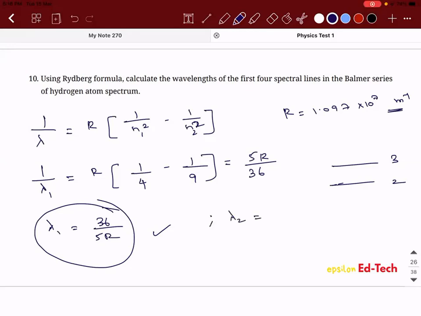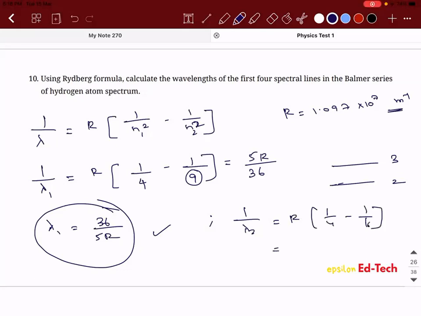Similarly, lambda 2, what will you get? For the second line, you will get 1 by 4 minus 1 by 16. Am I right? Yes, sir. Then 1 by lambda 2 will be R into 1 by 4 minus 1 by 16.